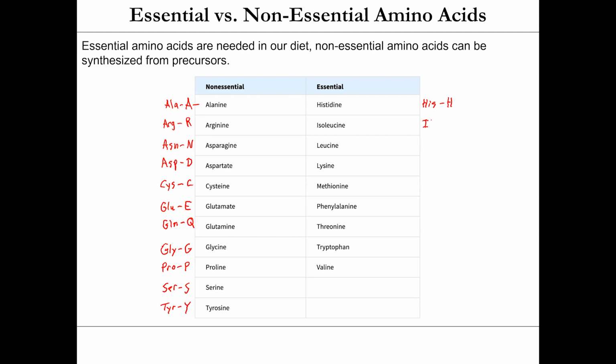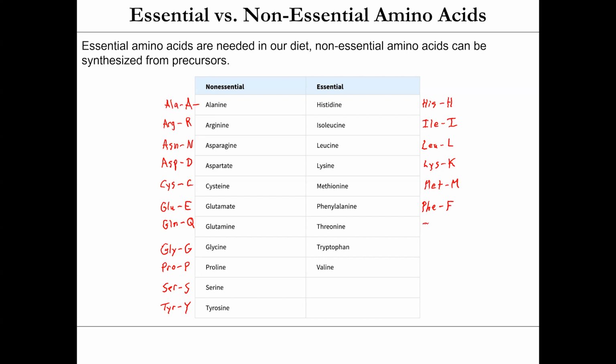Isoleucine, which is one of the branched chain amino acids, ILE and I. Leucine, one of the other branched chain amino acids, LEU, L. And we have lysine, which is positively charged, LYS, K. Methionine, so it's like meth and thiol, has a thioester group, MET and M. We have phenylalanine, which is like alanine but with a phenyl group on it, so PHE and an F for phenylalanine.